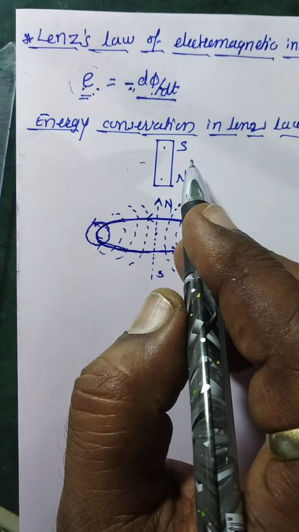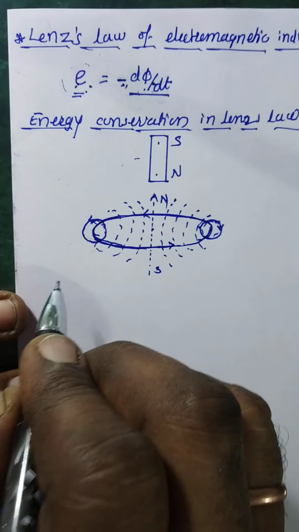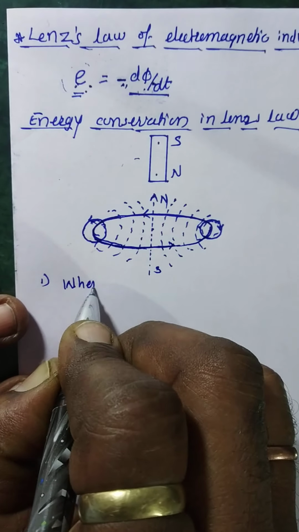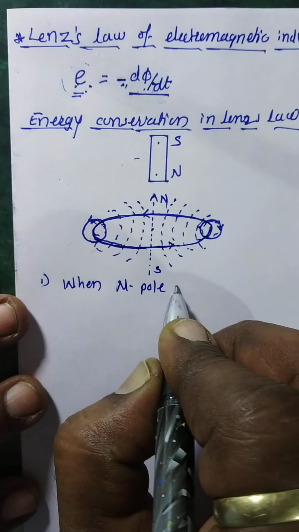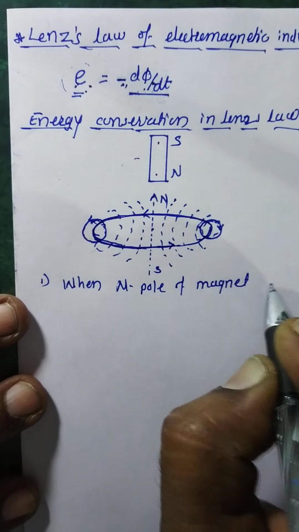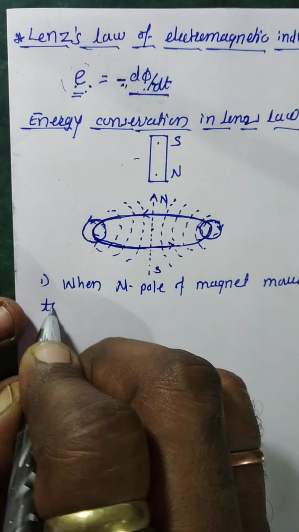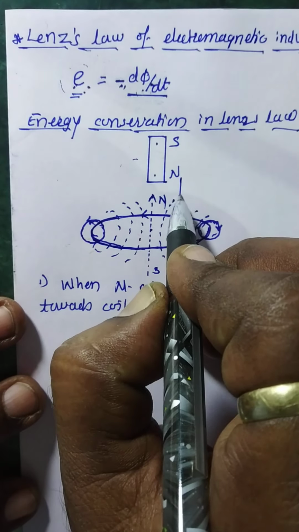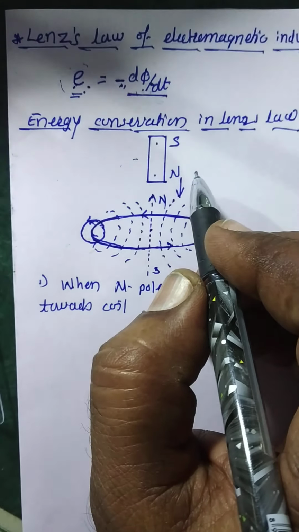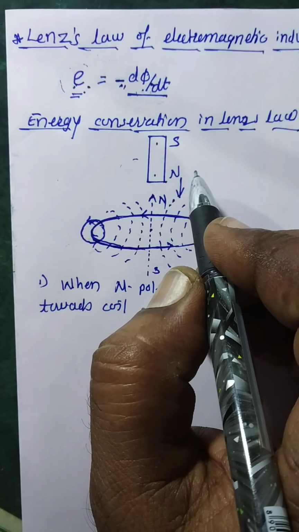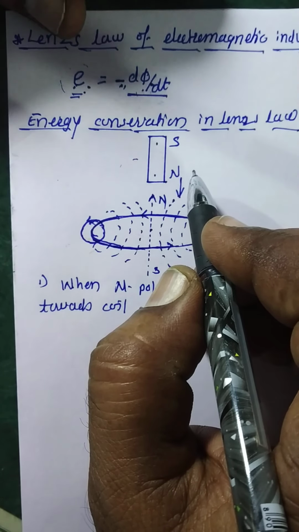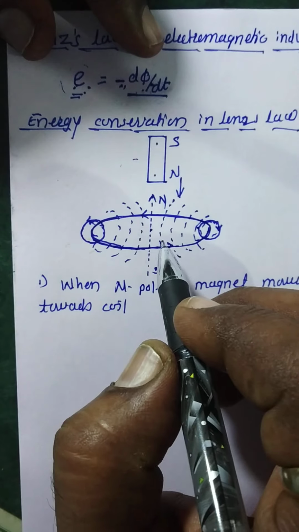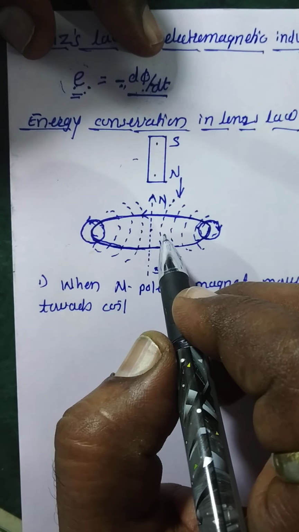Energy conservation in Lenz's law has 2 points. First, when the N pole of the magnet moves towards the coil, then an EMF is induced in the circuit, which produces a magnetic dipole in the loop.